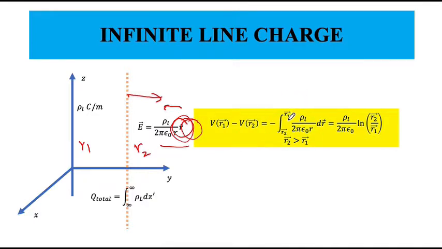If you now try to find out what this is, you will see that the potential difference VR1 minus VR2 is given by rho L by 2 pi epsilon naught times ln, the natural log, of r2 by r1, with r2 being greater than r1.